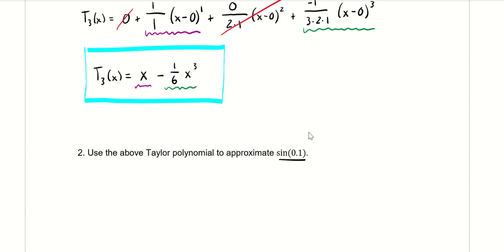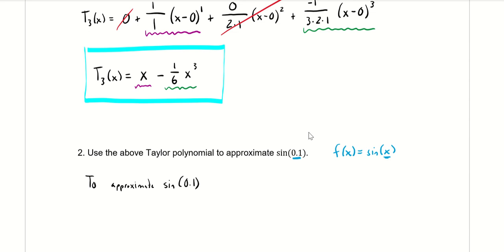Okay, so how do we do that? So to approximate the sine of 0.1, notice that our argument here is like our x, right? Our original function is the sine of x. I'll just write it here from above. Here, our x is 0.1.